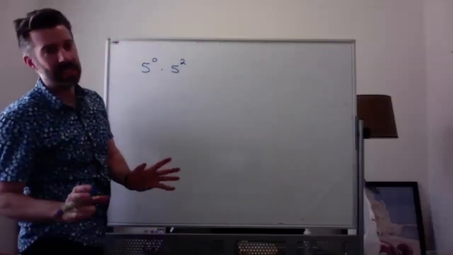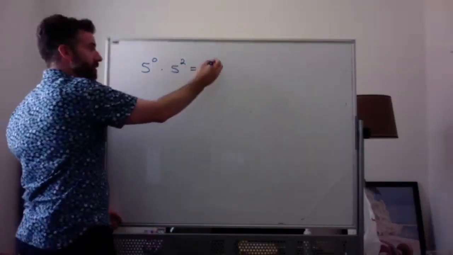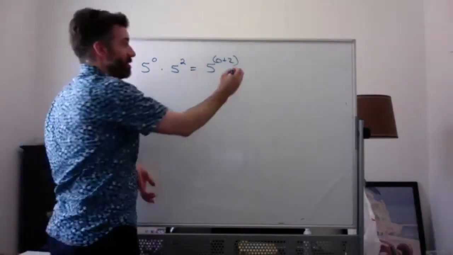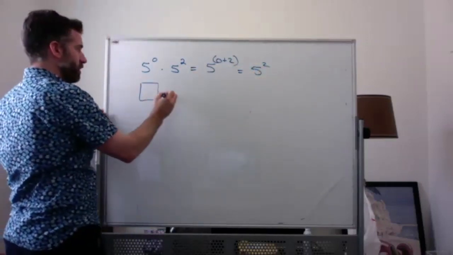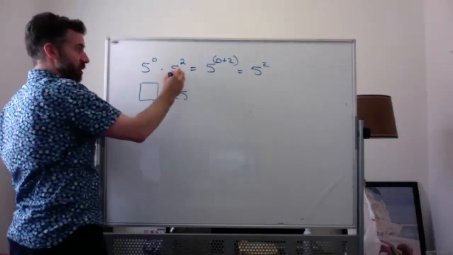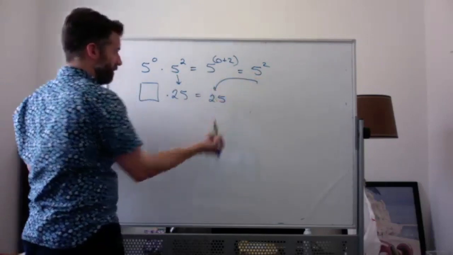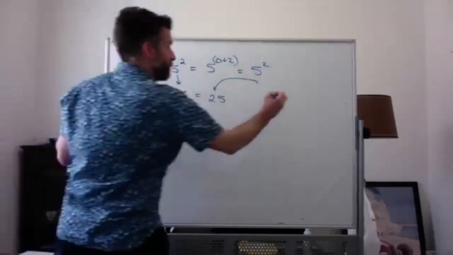Pick any easy to evaluate power you want. That's equal to, well, add the powers, but 0 plus 2 doesn't change 2. It's still 5 to the 2nd. So I've got a number times 25, right? 5 squared is 25, equals 25. That's got to be 1. There's no other choice.